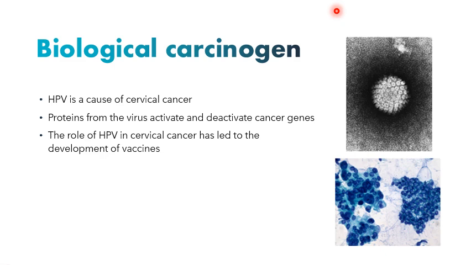And as you can see here in the picture, this is the HPV virus, and here these are the normal cells, while here you can see that these are the cancerous cells that were developed because of this HPV virus.